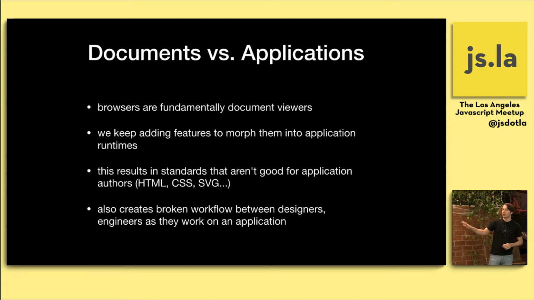A bit of what's coming in the talk here is some stuff with SVG, where I'm doing some of the similar stuff. And one of the reasons that we actually care about this today is that all of these standards end up leading to broken workflows, where designers and engineers working in applications aren't really able to do things as quickly and as nicely as they ought to be able to do.